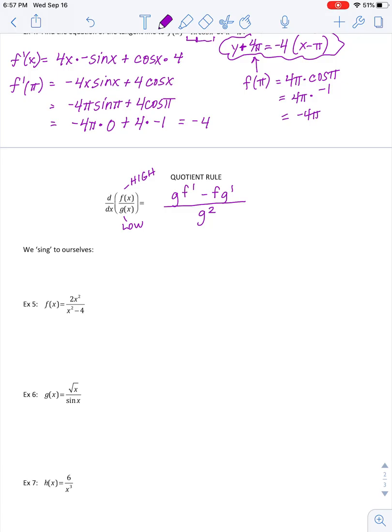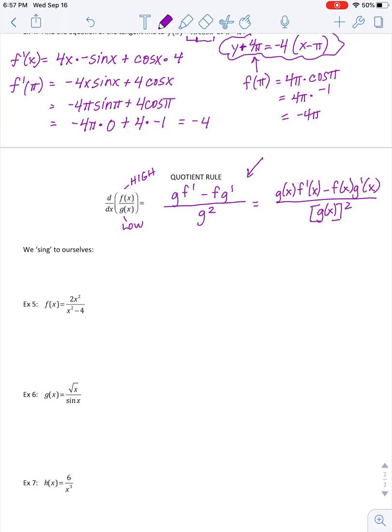Now, I'm not using perfect notation, and I didn't earlier when I wrote the product rule. If I was being proper, I would make full function notations out of these. That's how you'll see it in the textbook. But just for our purposes, when we're trying to learn the rules, I think this format is better.